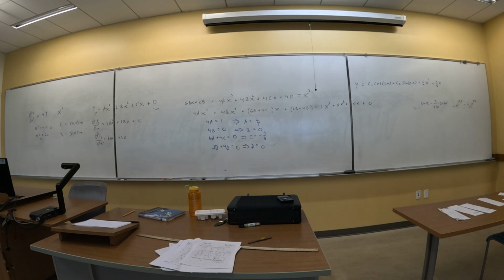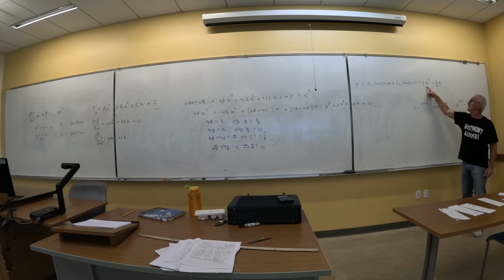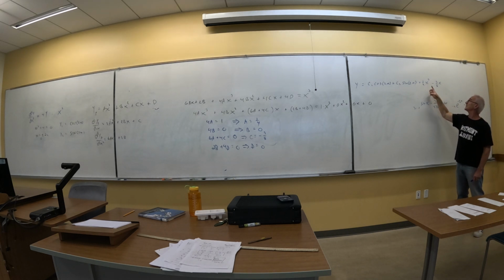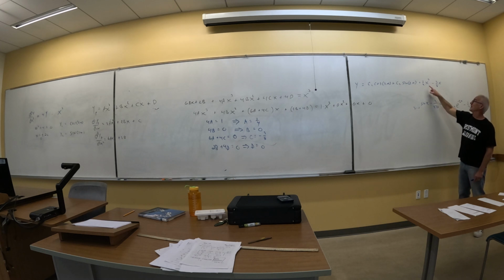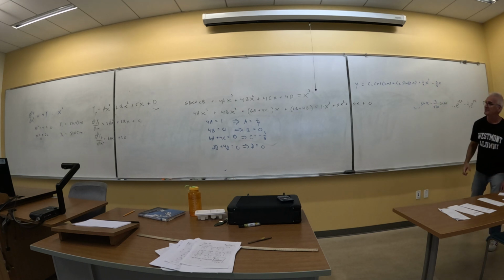Now that one seems kind of odd, the last part. But think of it this way. When you take 2 derivatives of this, what are you going to get? 6/4. Well, when I take 1 derivative of this, I'm going to get 3/4 x squared. Right? It's the second derivative that I need.